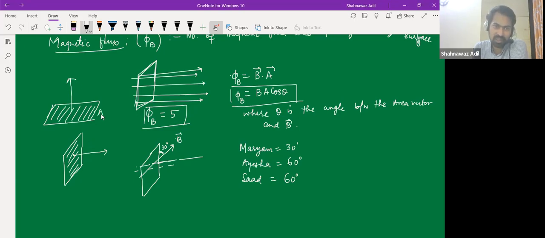So this is A and this is n hat. This is the direction of the area vector, normal to this surface, right? So if this is the area, the direction would be this one, normal to this surface.